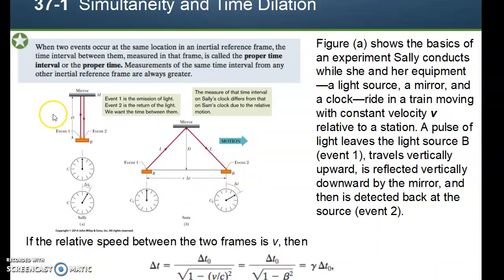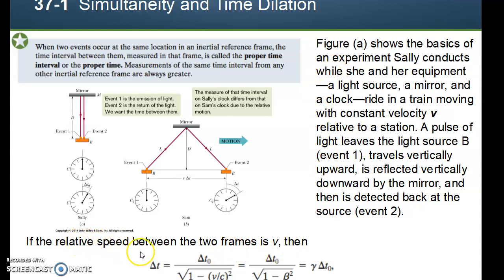So, when two events occur at the same location in an inertial frame of reference, the time interval between them measured in that frame is called the proper time. Measurements of the same time interval in other inertial reference frames are always greater. Okay, this shows the basics right here as well.